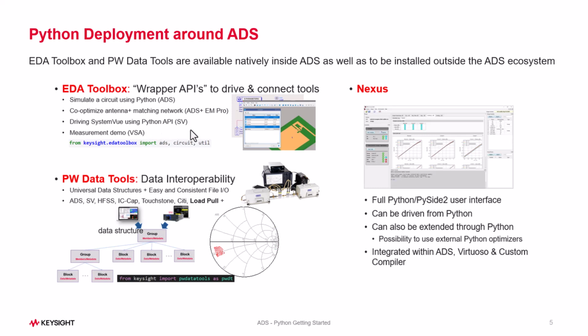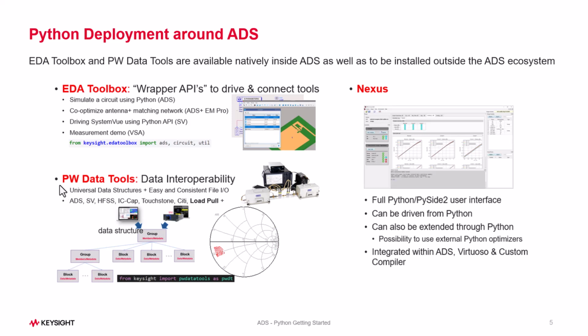A typical example could be an application where you need to combine ADS and EM Pro or ADS and System View to do a respective part of the overall problem you're trying to solve. All of those could be automated from a common interface or a common script.